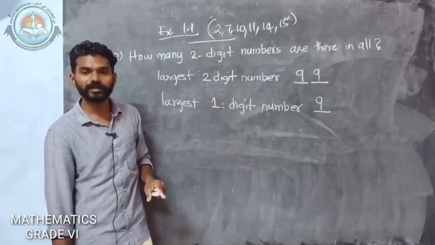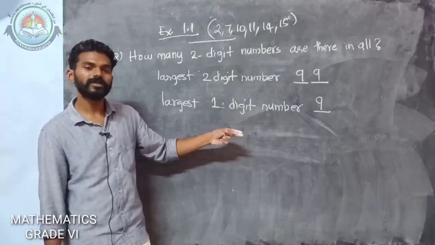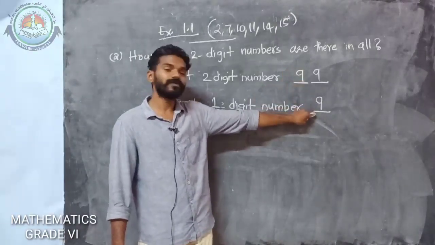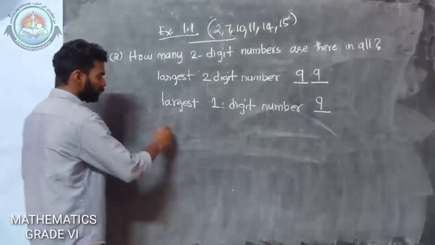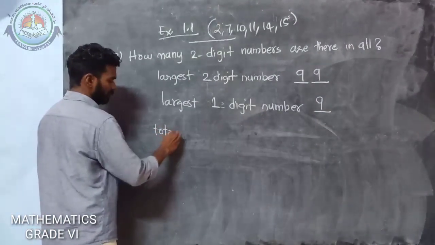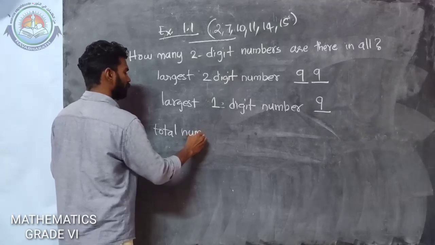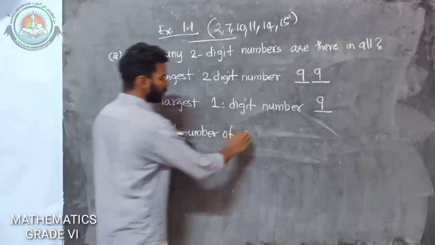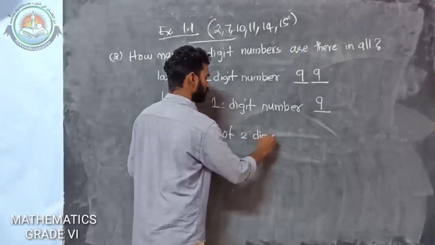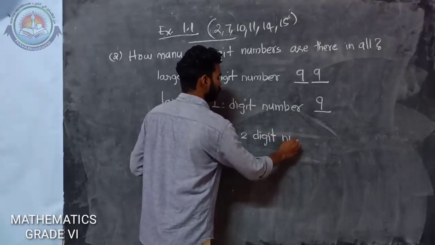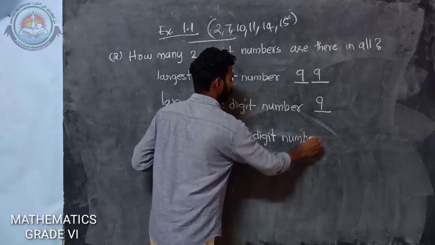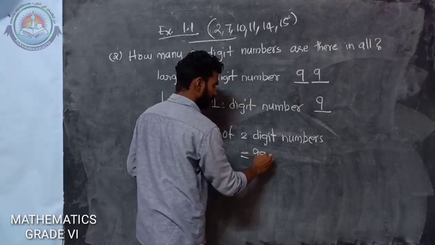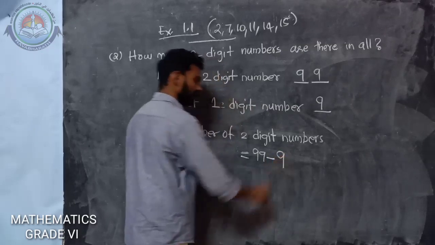To find this, you should just subtract 9 from 99. So total number of two-digit numbers equals 99 minus 9.